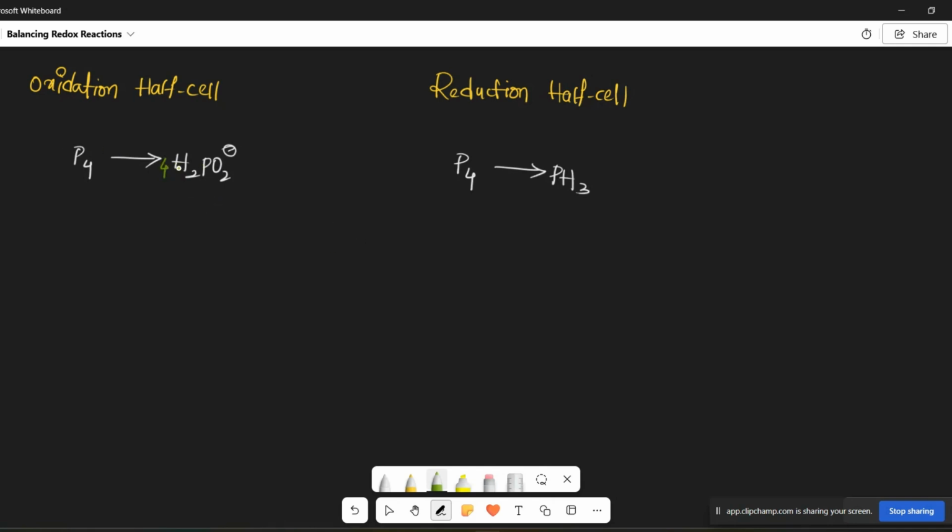Four phosphorus, four phosphorus, now it is balanced. So P4 gives 4H2PO2 negative, and here P4 gives 4PH3.